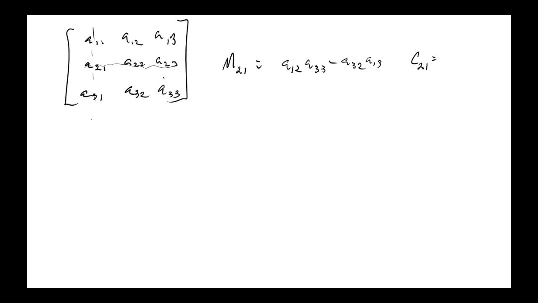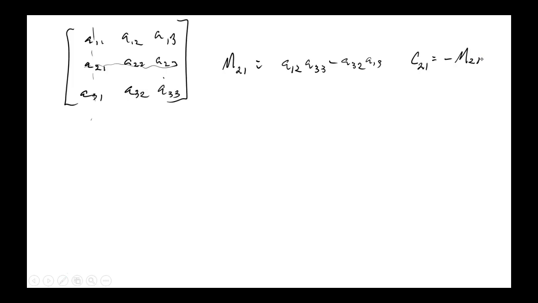Well, let's see what the I is. The I is 2, the J is 1, 2 plus 1 is 3. Minus 1 to the third power is a negative number. So that would be the minus of M21.